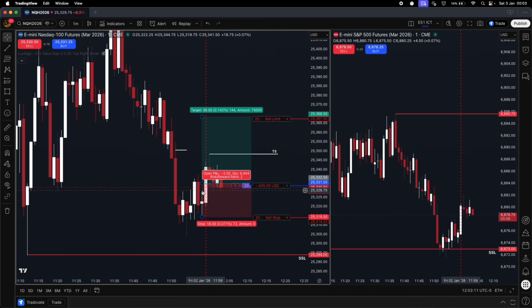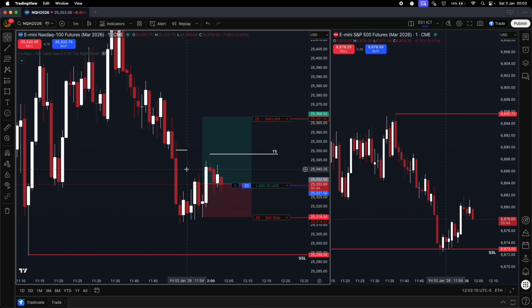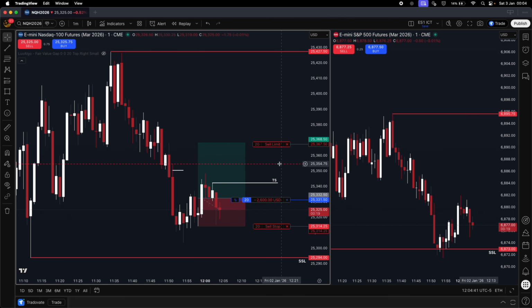Where was the order block? You can clearly see that's on NQ. We have an inverse bearish order block. So hopefully this position makes sense to you guys and you caught the correct position size as well.